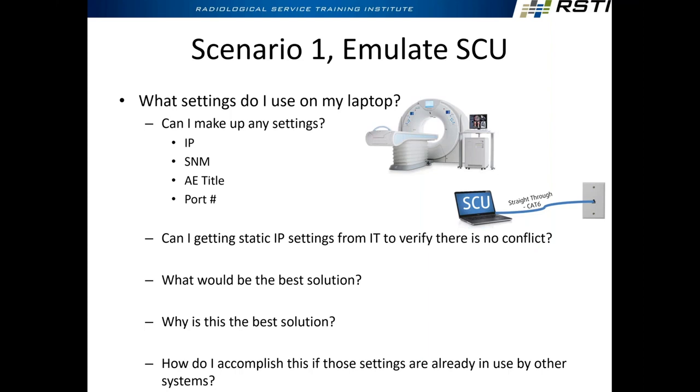Why can you do that? It's unplugged. The other thing is most PACS aren't promiscuous, so they would not like a new AE title or a new IP coming in. The PACS may still not like your MAC address and may still filter, but at least you're one step closer. So you plug in your laptop, set it up with the same IP as the CT, the same port number, the same AE title, all that stuff matches. Make sense?